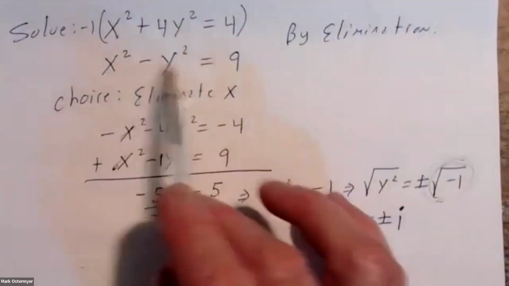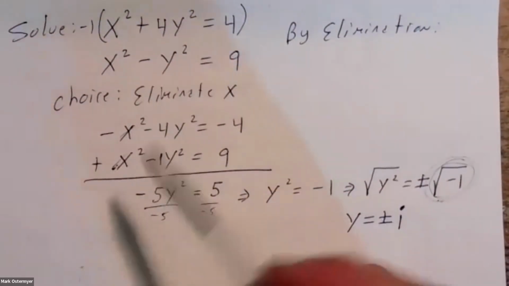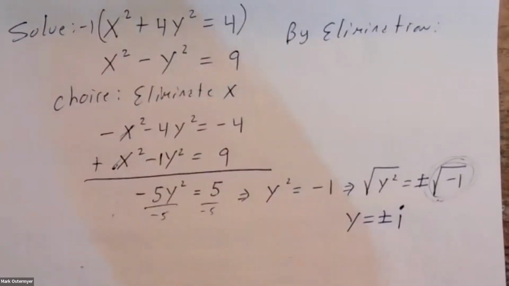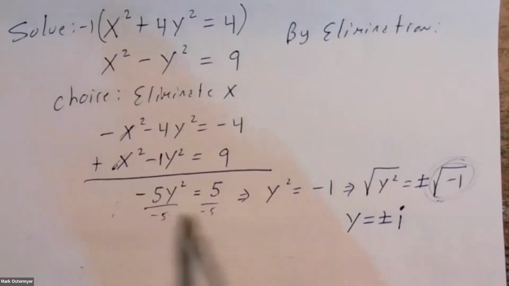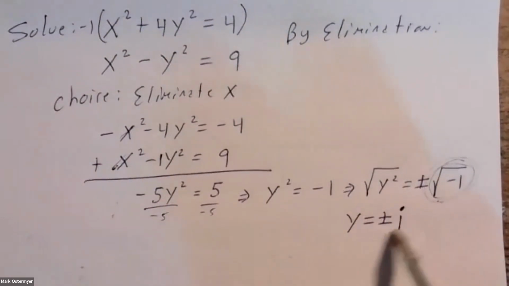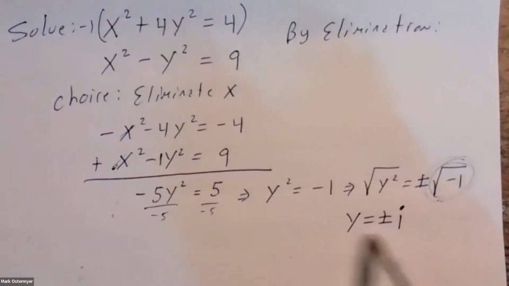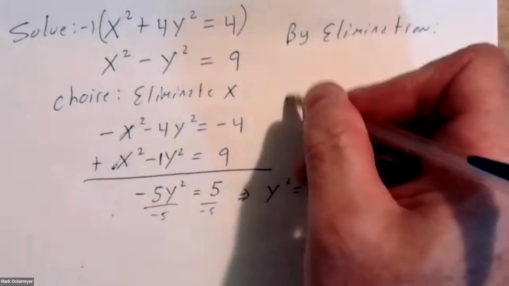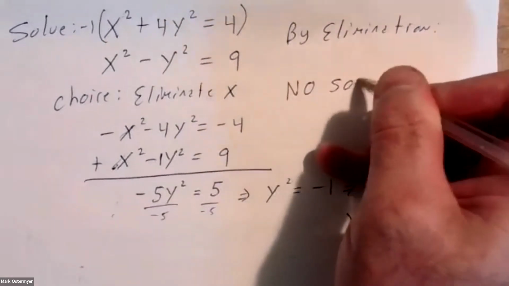I subjected this system to the elimination method, tried to eliminate my x variable, and I was successful. But I end up with non-real results for y. Because of that, ladies and gentlemen, we slam on the brakes and say that this system has no solution.